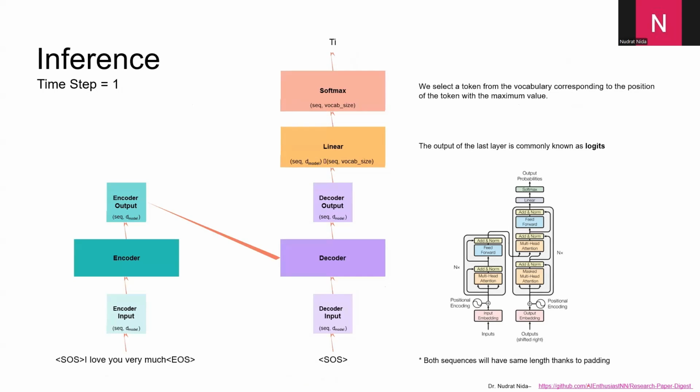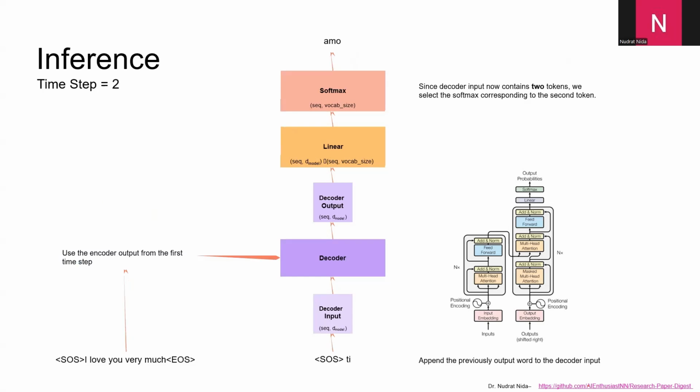So we select a token from the vocabulary corresponding to the token with the maximum value. The output of the last layer is commonly known as logits. So the output that is generated by the last layer before the softmax is known as logits. Both sequences will have the same length, so how can we do that? With the help of padding. Since the decoder input now contains two tokens, we can select the softmax corresponding to the second token.